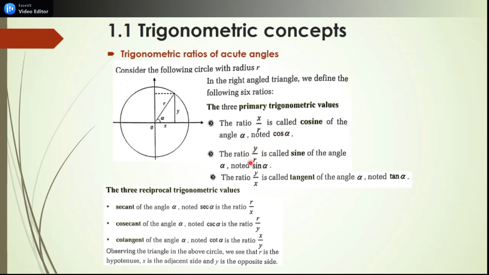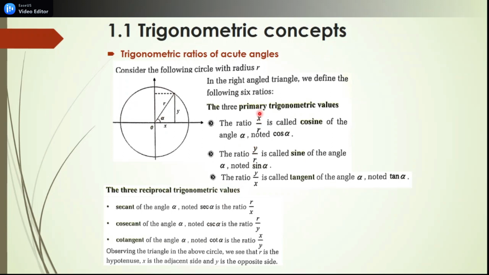When we take y over r, this is opposite side over hypotenuse side, meaning over radius. It is called sine, denoted by sine alpha. When we calculate the ratio of opposite side over adjacent side, y over x, this one is called the tangent of an angle alpha.